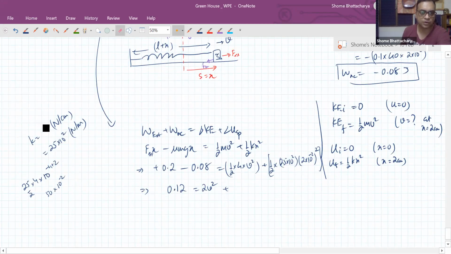The external force will not be strong enough for that. So this will become, okay, so 0.05.